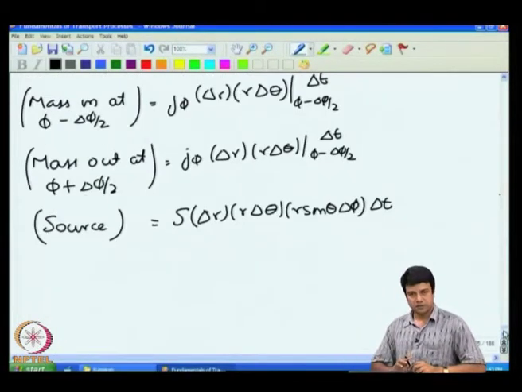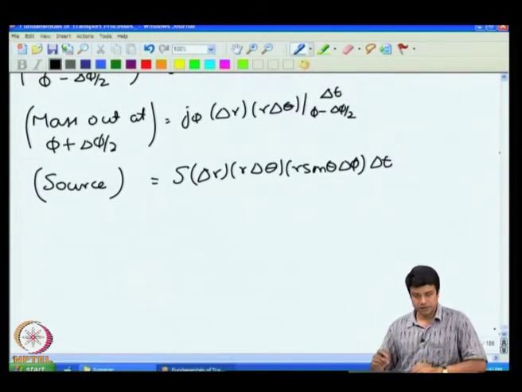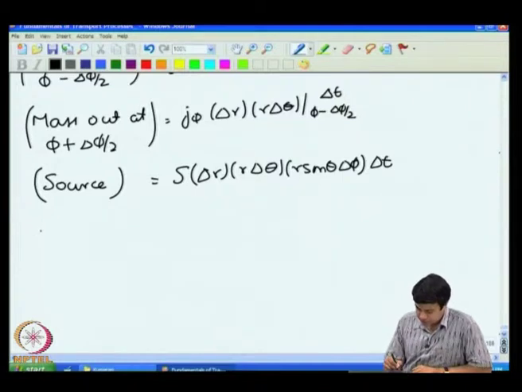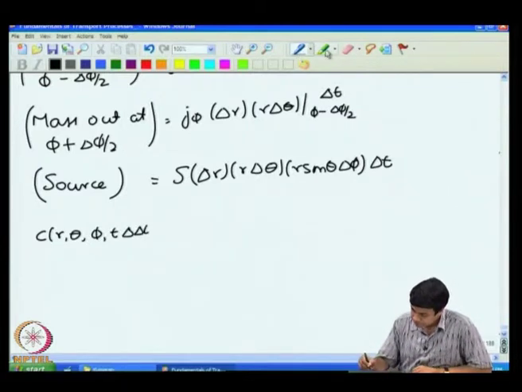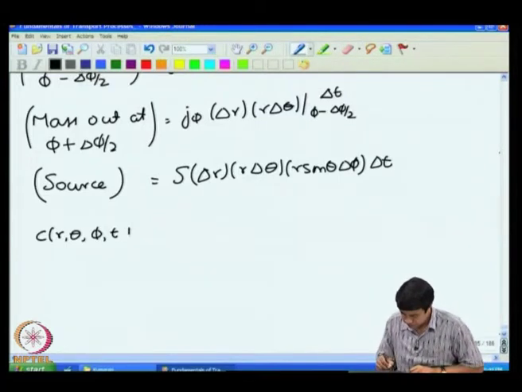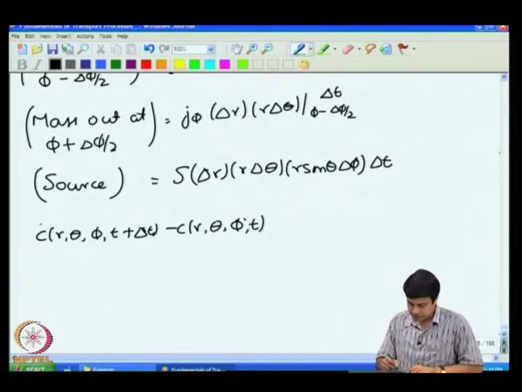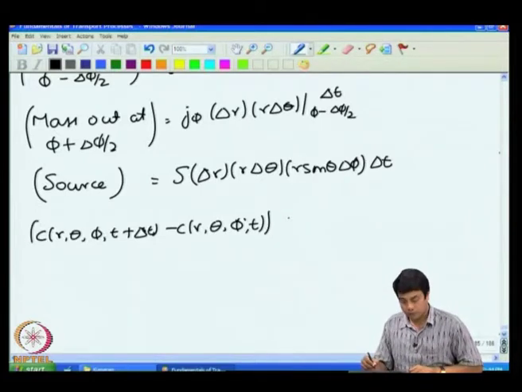So, we put all these together to get the final differential difference equation. So, this gives me the concentration, C at r theta phi t plus delta t minus C at r theta phi t, into the volume.